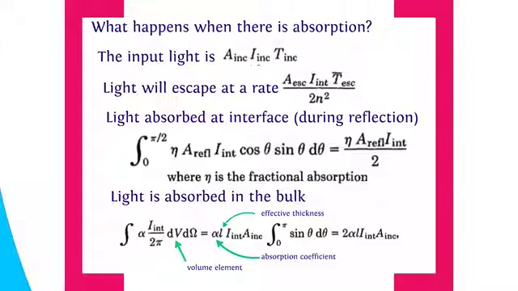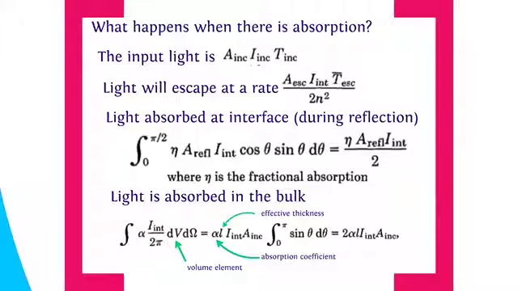We account for that by this expression here, which looks complicated. The way to think about it is this alpha, which is an absorption coefficient multiplied by the intensity, multiplied by some volume element, then the solid angle as well. You integrate over the volume and the solid angle, and you get the expression.